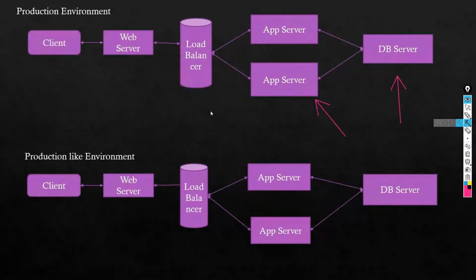Before going to the load balancer, I'll tell you what the web server is. The responsibility of the web server is to handle the web data, or to display the HTML data, the static web content on the UI. Like in the browser, you are seeing all the HTML content.